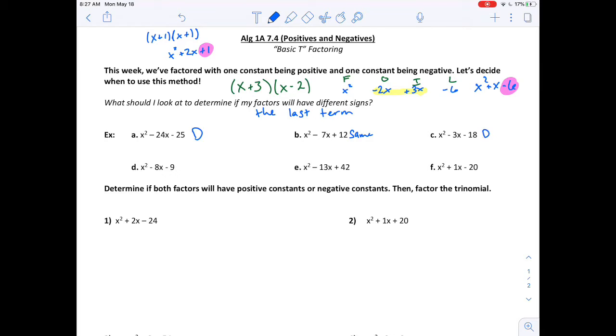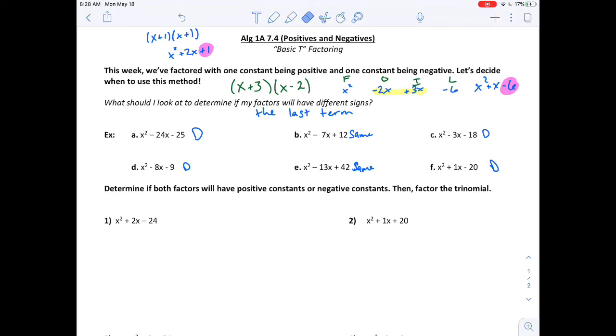Here I have a negative last term, so these will be different. Negative last term, signs will be different. Positive last term, so these will be the same sign. And very last, I will have a negative term, so I will have different signs.